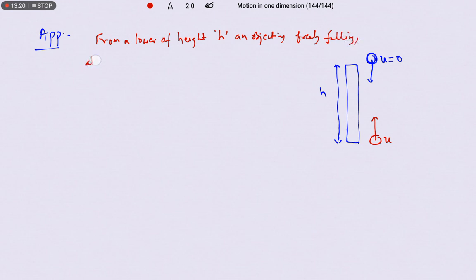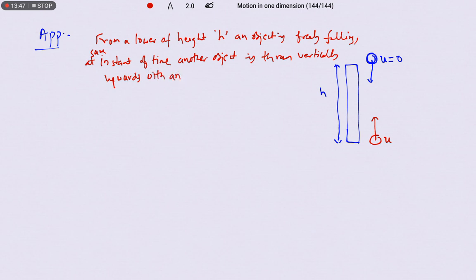At the same instant of time, another object is thrown vertically upwards with an initial velocity of u. So this is the scenario. Now, based on this application, we are going to discuss some important points related to this.